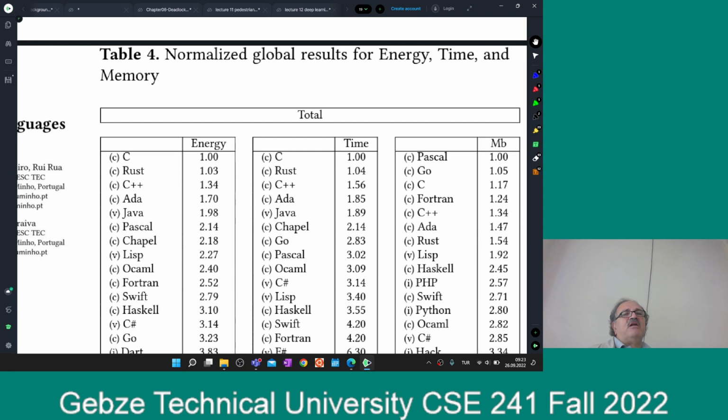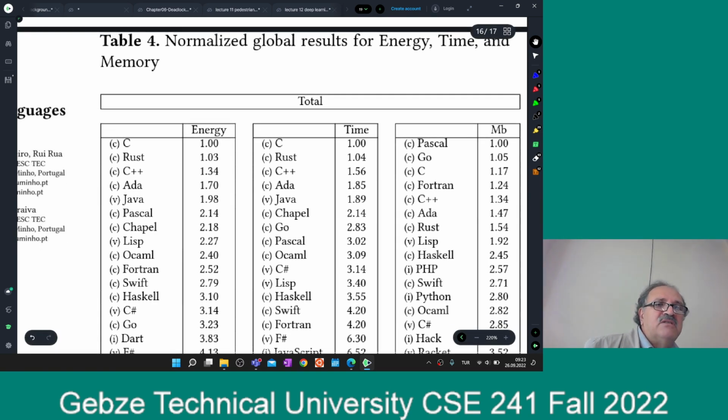If I write the same program in C, C++, Ada, Java, Pascal, Lisp, whatever, let's see how much energy it consumes for the same program. C is the most efficient. If you are trying to save energy, if you like to be a green person, respectful about our environment, then C is the way to go.